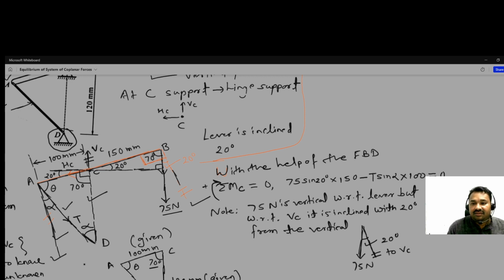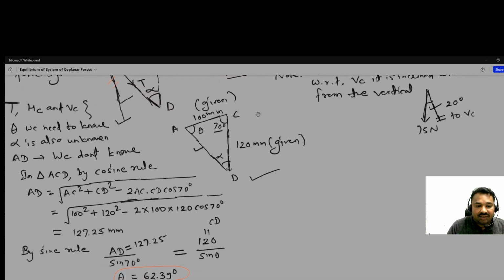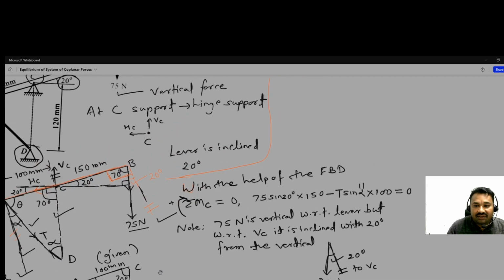So from this, as we know, alpha is equal to 47.31 degree.